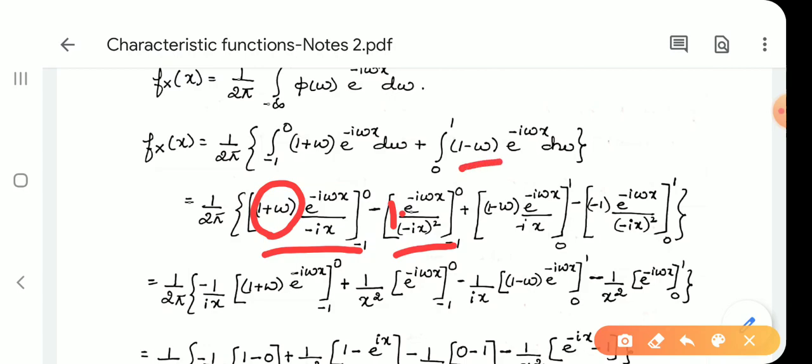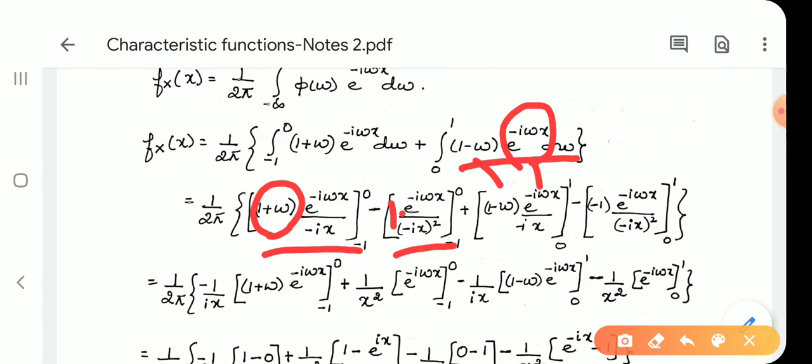Now the second integral: the first function, 1 minus omega, I will write as it is. The integral of e power minus i omega x becomes e power minus i omega x divided by minus ix.